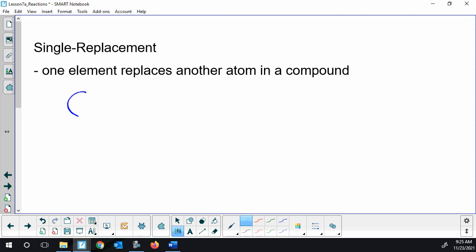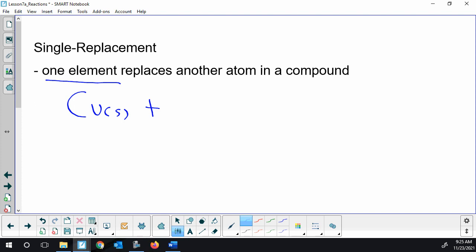Let's get a visual out. My element is going to be copper. Elements just have one type of element in the formula. Compounds have multiple types of elements in the formula.